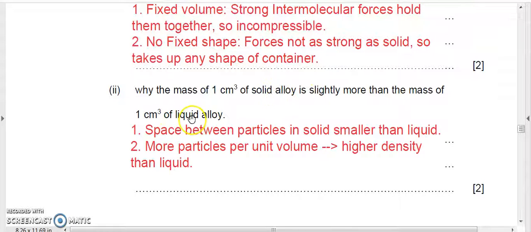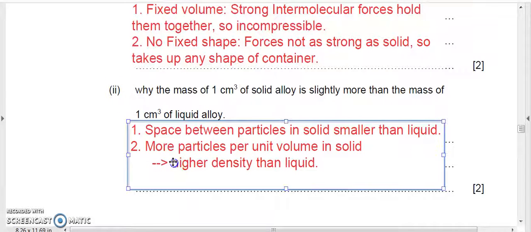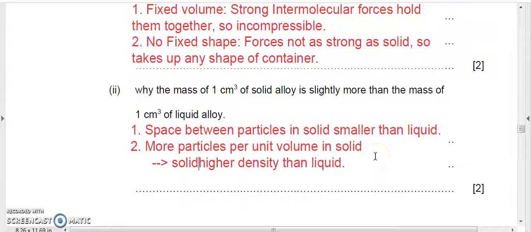The spacing between particles in solids is smaller than in liquids. That results in more particles per unit volume in the solid, resulting in higher density than liquid. Solids have a higher density than liquids.